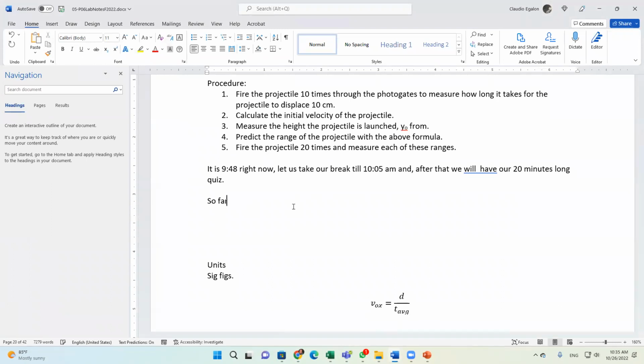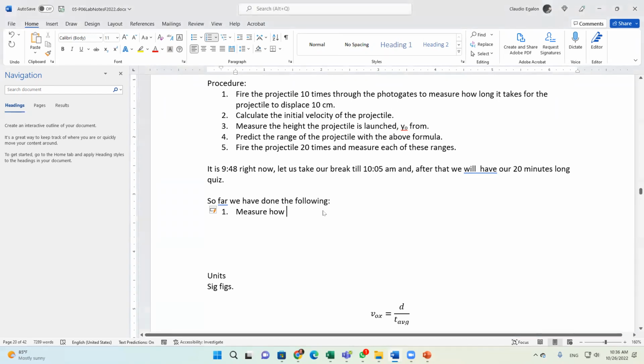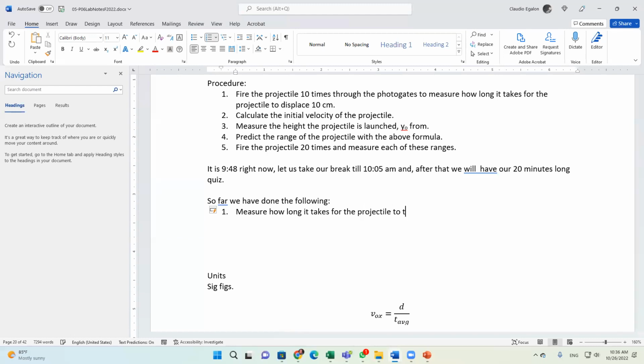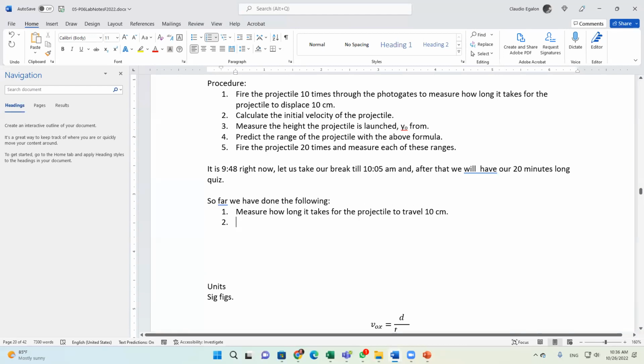One, measure how long it takes for the projectile to travel 10 centimeters.